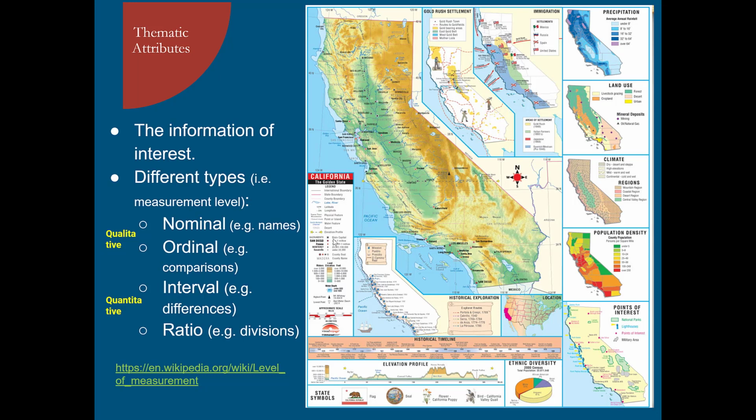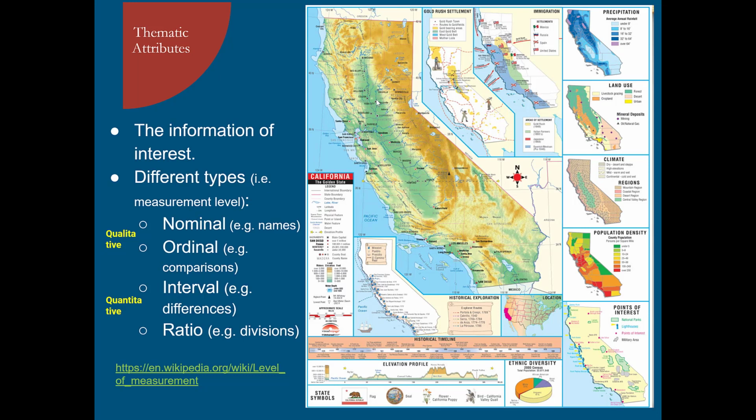Well, nominal just means name. For example, this state, its name is California. That is nominal information. We have different cities, for example Los Angeles, San Diego, San Francisco, right? That is nominal information.